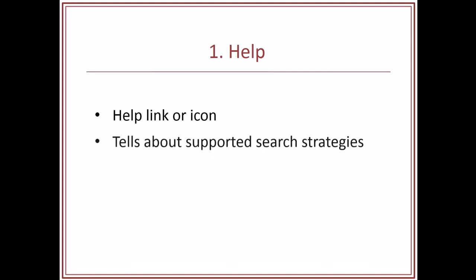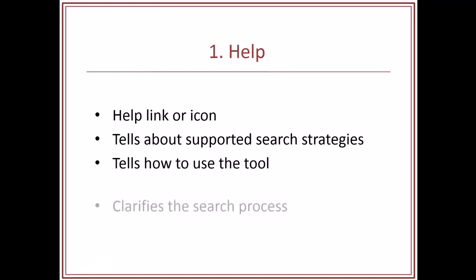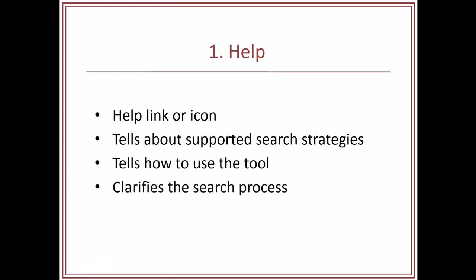Every database provides some sort of help with basic and advanced searches. Some offer help links or icons, such as question marks, which display tutorials, information about supported search strategies, and tips for using the database to perform effective searches.